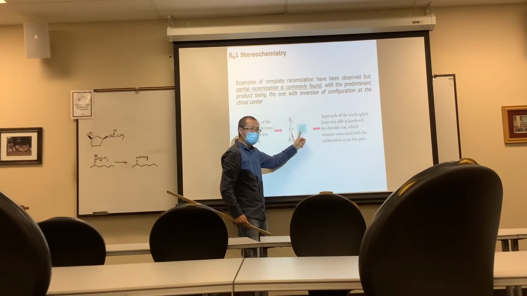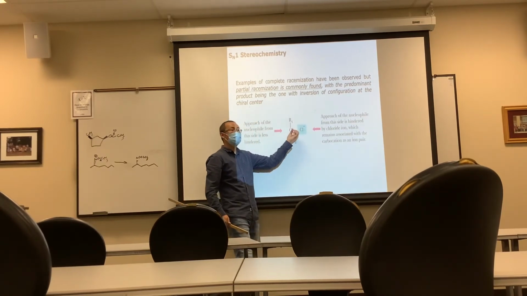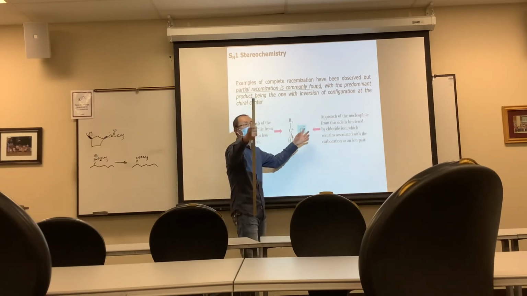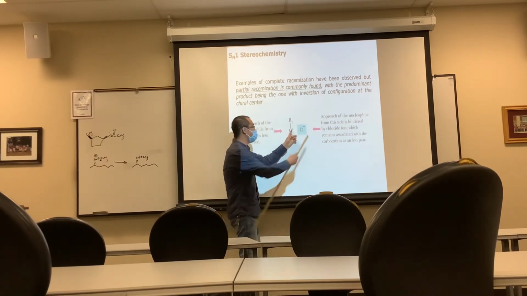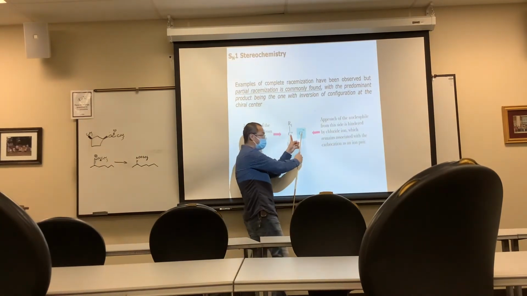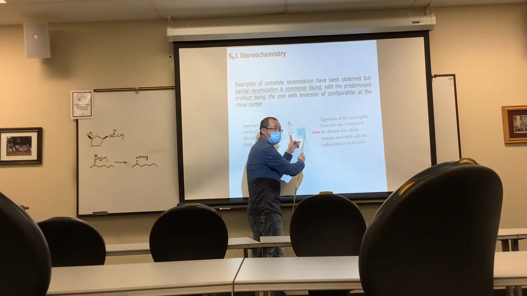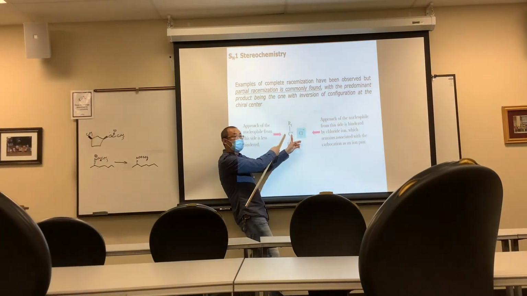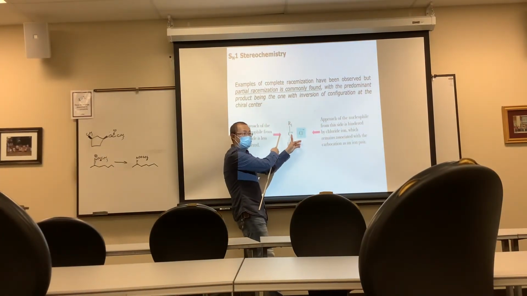But because the minus likes what? Plus. So initially, this guy may not go away. It's still close. So that means this site, where the leaving group was located, is kind of blocked. So there's more chance of the nucleophile attacking from where? From the back.